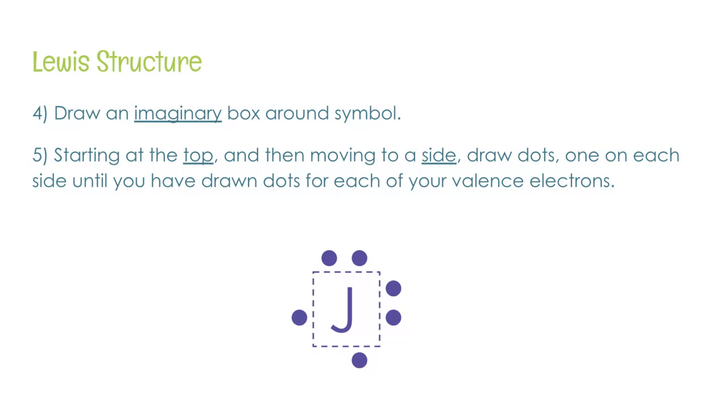Sulfur also has 6 valence electrons. So does selenium, Se. So does tellurium, Te. All those have 6 valence electrons, so their Lewis structures would look like this. 7 valence electrons. This would be fluorine, chlorine, bromine, iodine. They all have 7 valence electrons, so their Lewis structures would all look the same.